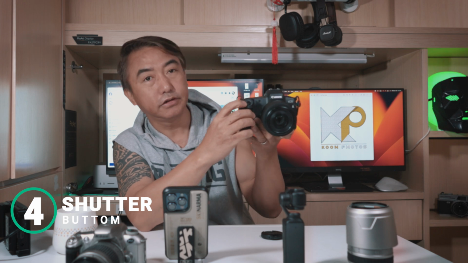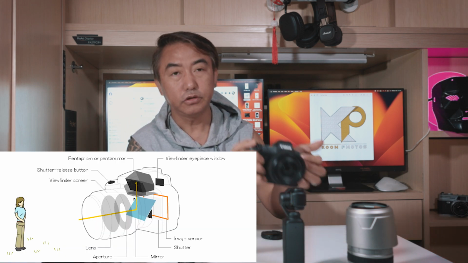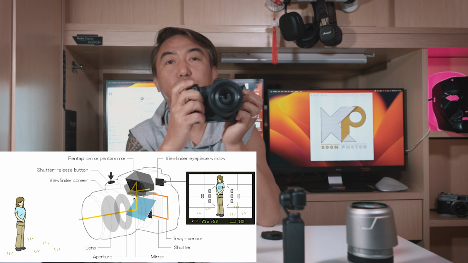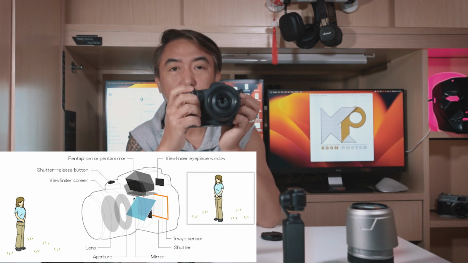Now the next important part is your shutter button. This is the shutter button. Okay, here this one is the shutter button. So what does this shutter button do? If you press it, it will click a photo. This is used for taking the photo, but it has another use also.